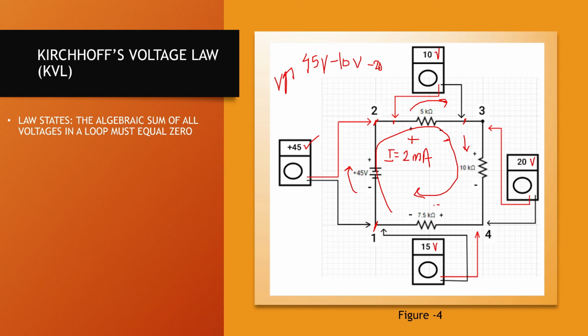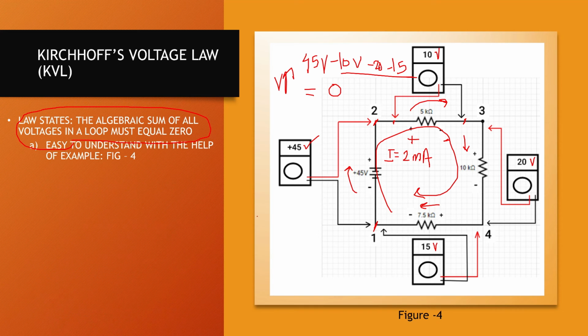From high to low, again, it's going to be minus 15. So if you add this, 45 minus the rest, you would actually get 0. This is what Kirchhoff's voltage law is: the sum of the voltages in this loop must be equal to 0, and it will always be true.